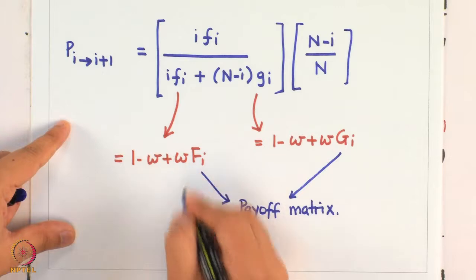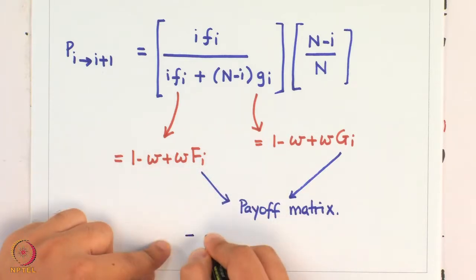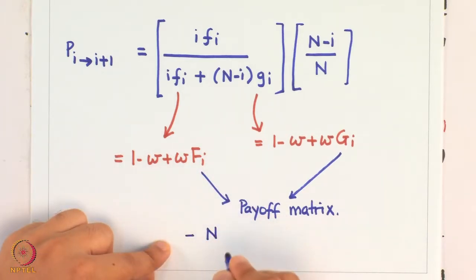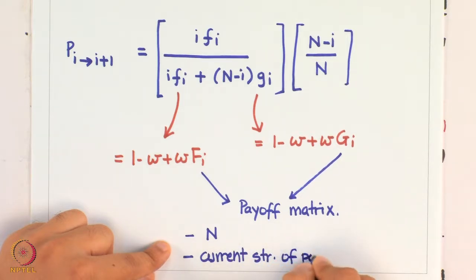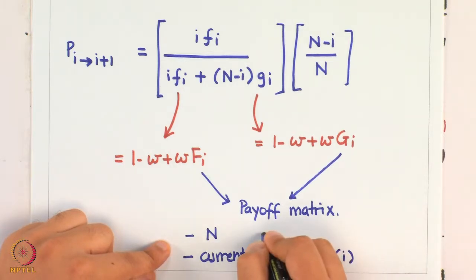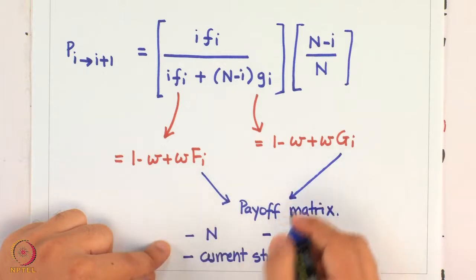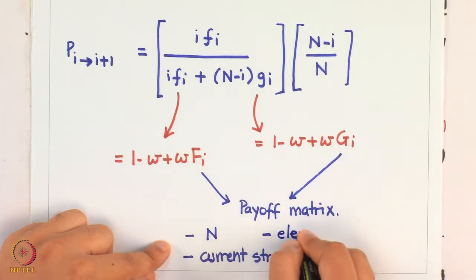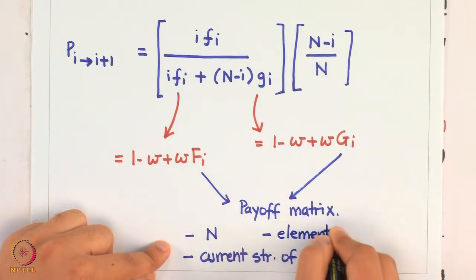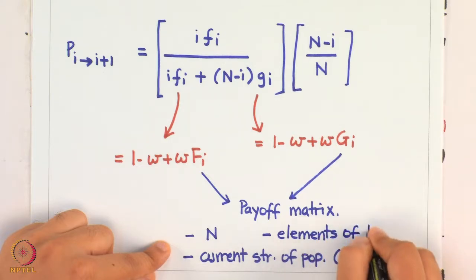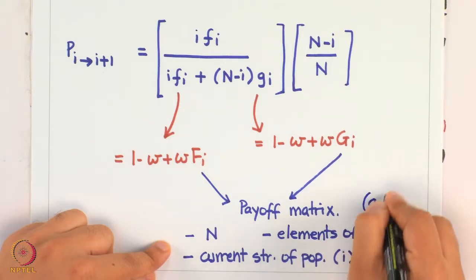Both F and G are dependent on the population size n, and also on the current structure of the population, which is the variable i, and of course on f_i and g_i, the elements of the payoff matrix, which are just a, b, c, d.